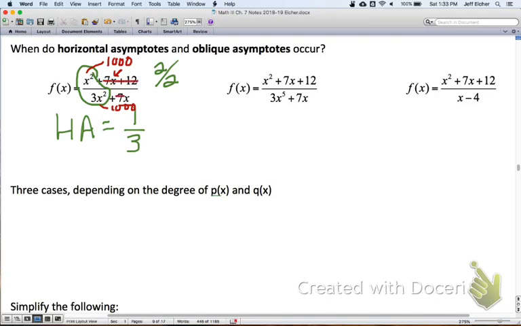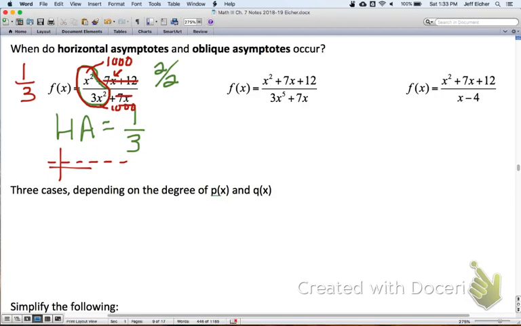And in the denominator, the 7x isn't going to contribute as much as squaring 1,000. So really you can think of this as a simplified version. You get x squared over 3x squared. The x squareds divide out and you're left with 1/3. So your horizontal asymptote, if you graph that, would be a horizontal line at 1/3. So that's one case. If the degrees are the same, then you take the coefficients.